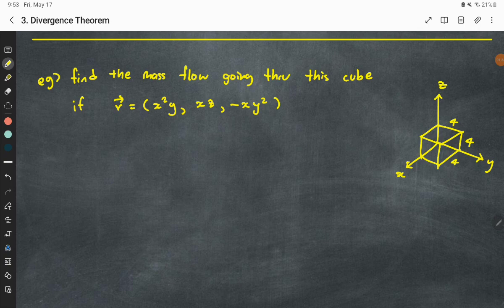We would have to set up 6 surface integrals because this cube has 6 sides, and 6 parameterizations, and that opens up a lot of room for error. But instead we can recognize that this cube is a closed surface, meaning we can convert our closed surface integral into a divergence theorem integral.